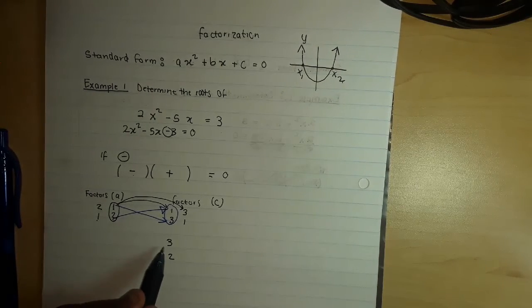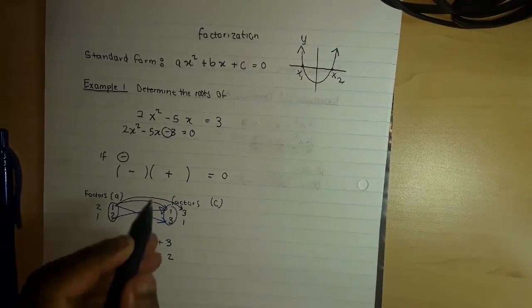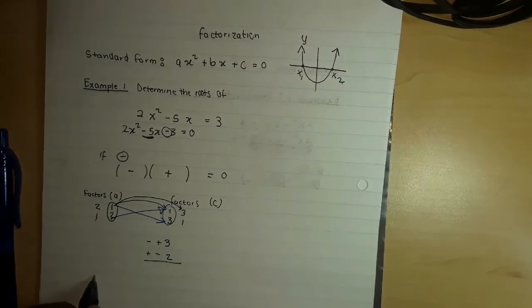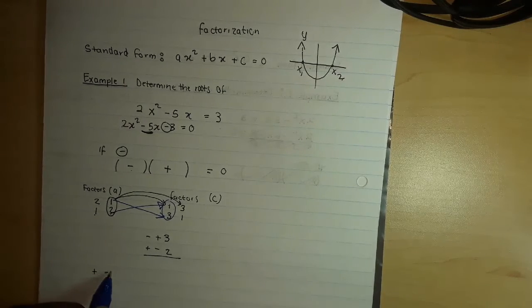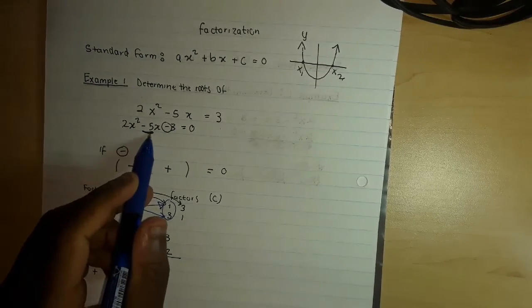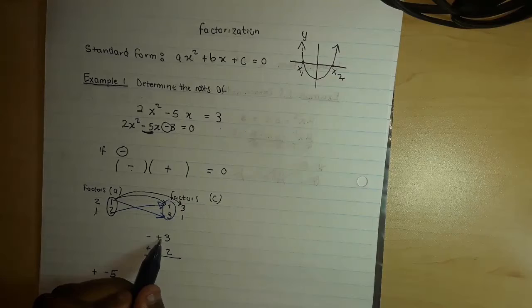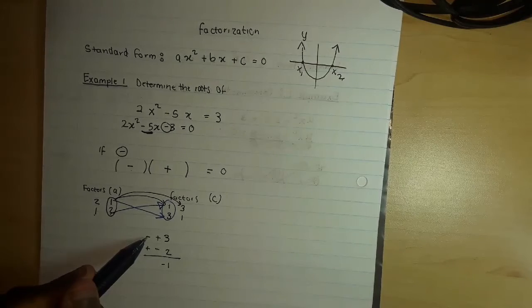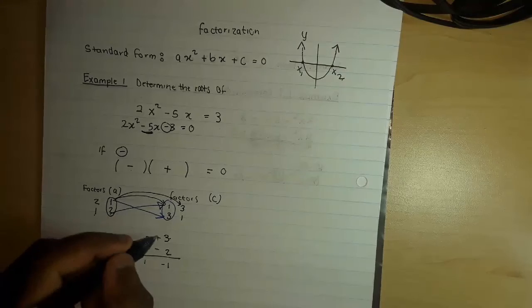It could be plus, minus, or minus, plus. What we want to achieve is the value of the middle term, minus 5. If we try plus 3 minus 2, we get 1, which is not what we're looking for. If we try minus 3 plus 2, we get minus 1, which is also not what we're looking for.